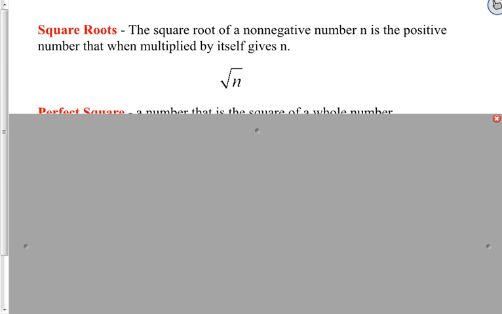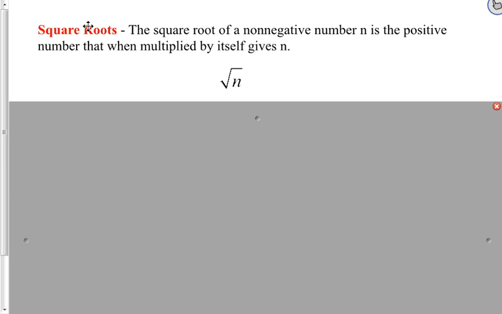All right. So we need to talk about a couple key vocabulary terms before we get into the actual skills of operations with radicals. So the first here is the definition of square roots, and I'm sure we're all familiar with it, but we need to dot our i's and cross our t's, so to speak. The square root of a non-negative number, n, is the positive number that when multiplied by itself gives n.